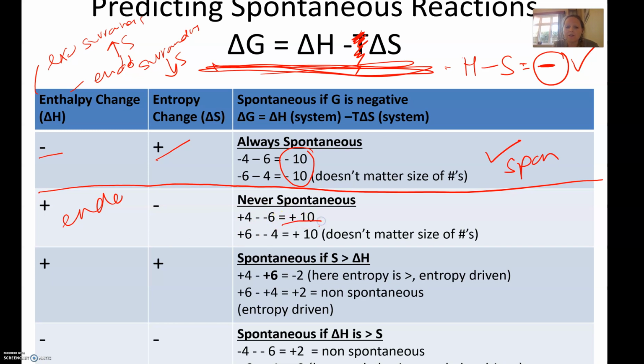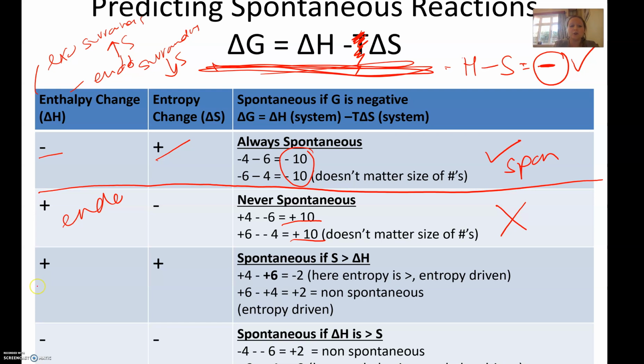So you get +10, means it's not spontaneous. If this was the bigger number, +6 minus -4 is still, they add, so you end up with a positive value again, and therefore this is never ever possible. So you can't have an endothermic reaction with a decrease in entropy. It is not energetically favorable, so they never occur.